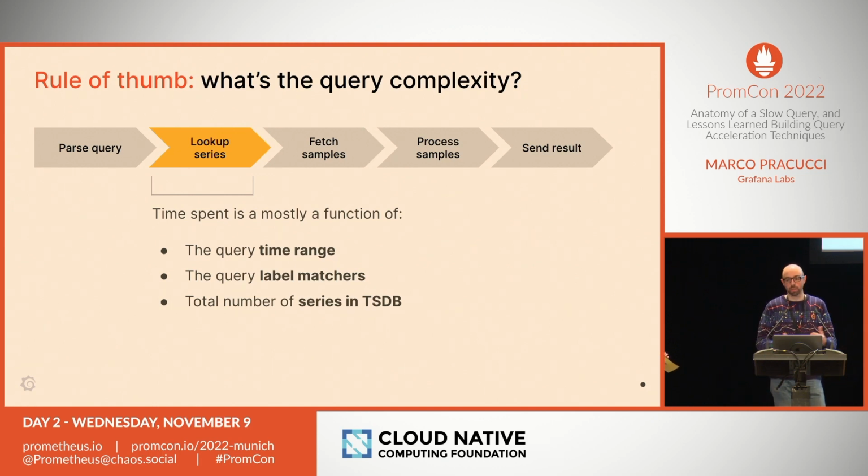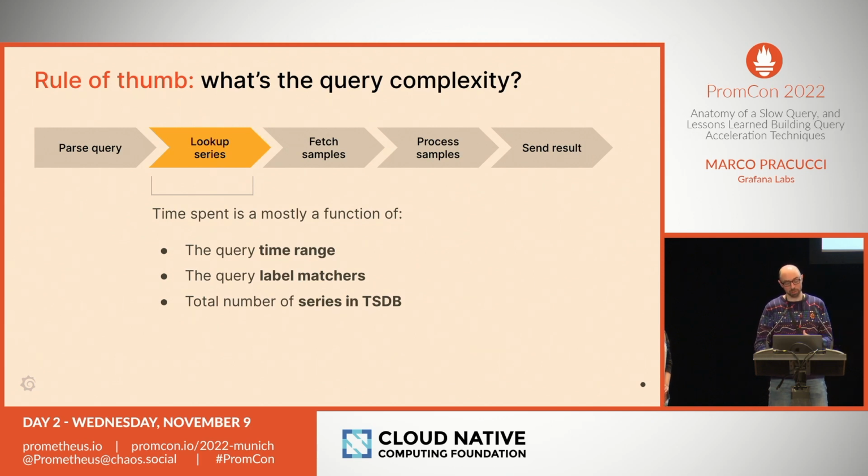The actual label matchers you use, for example, if you use the not equal or not matching regular expression, are less performant due to how TSDB works compared to the equal or matching regular expression. And also the total number of series you have in TSDB. Why? Well, because the rule of thumb is that the more series you have, the bigger the TSDB index of each block is, and typically the bigger the TSDB is, for many label matchers, it's a little bit slower to query the index.